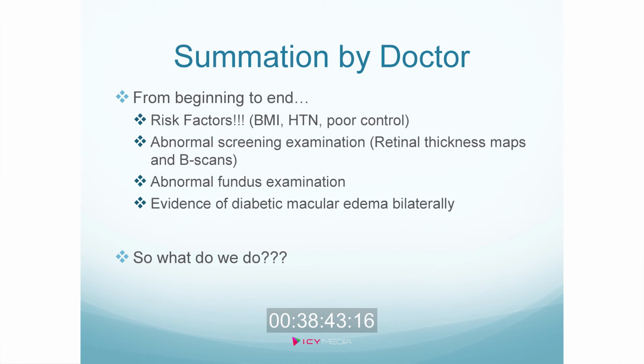So the summation: the risk factors that we talked about, the BMI, the hypertension, the possible medications, the poor control, the abnormal screening exam, the abnormal specialty exams or higher-end exams, the abnormal fundus appearance, and then obviously the evidence of the macular edema bilaterally. What do you do for this patient? We have to send them out.